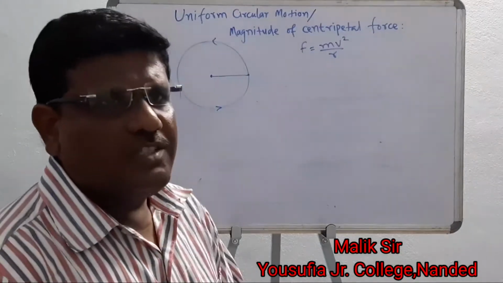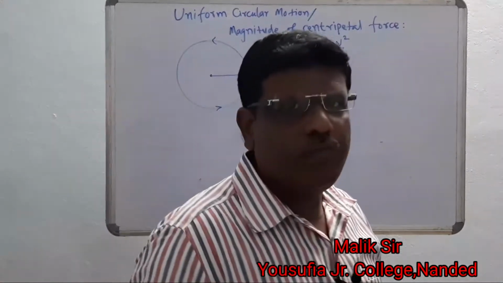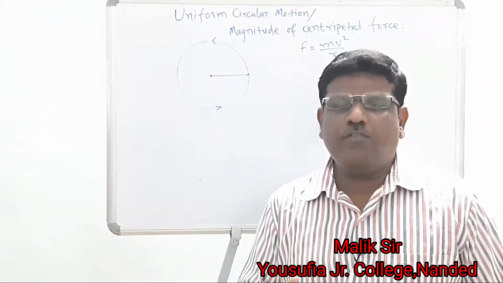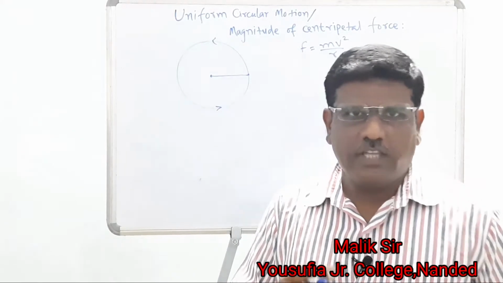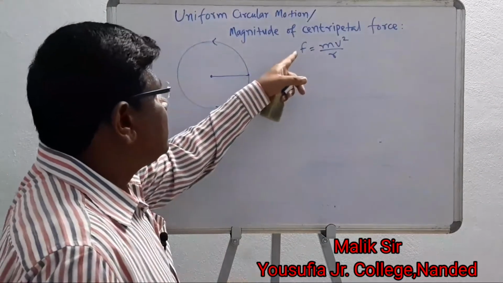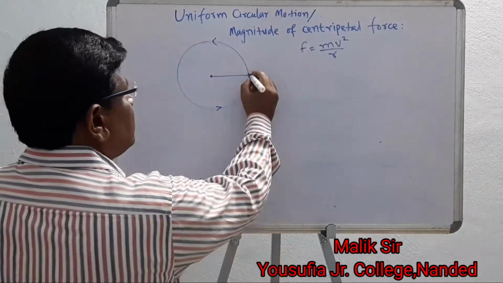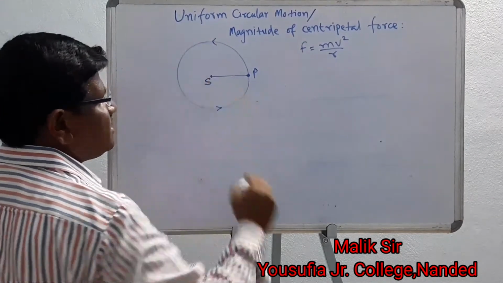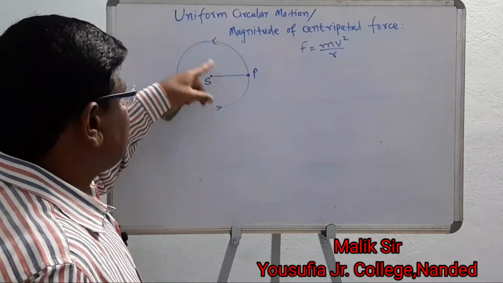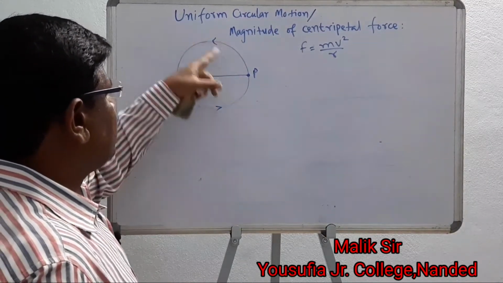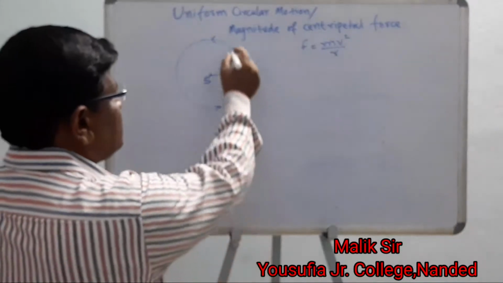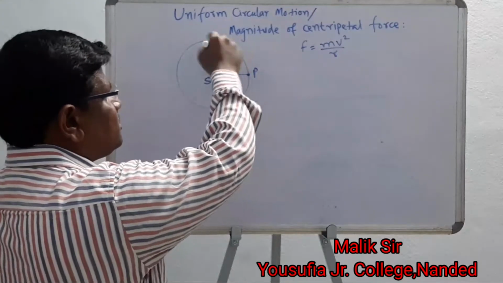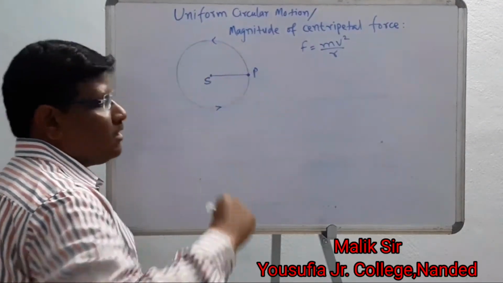Now, if we consider a planet moving around the sun in a circular orbit, and if it performs the uniform circular motion, suppose that planet is here, it will be P. Suppose this is the sun, and suppose that circular orbit is this, then this planet revolves along this direction and along this circle.